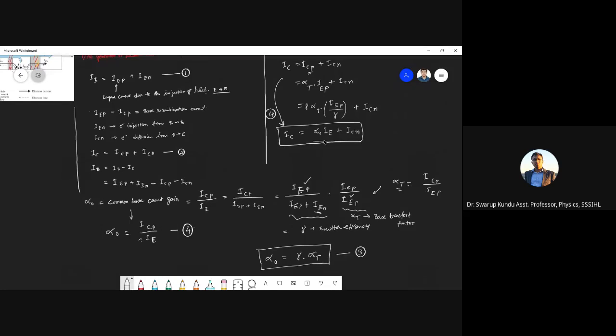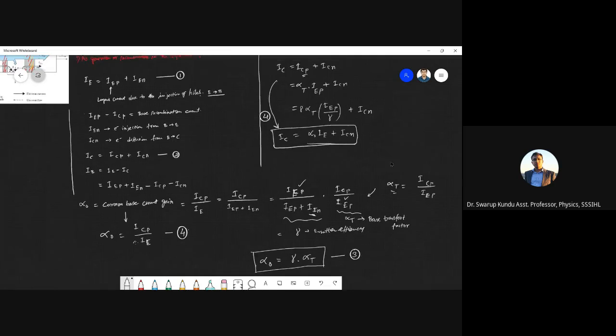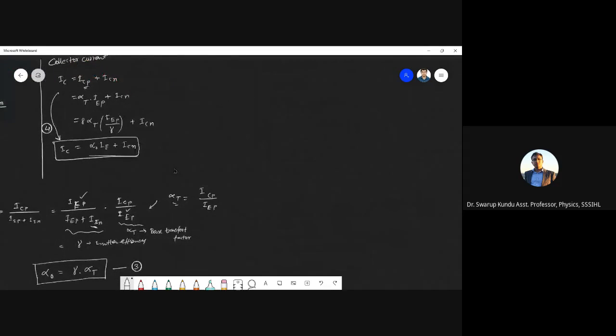So this defines the collector current, right? Now what is ICN? It's the collector base current flowing with the emitter open circuited. So let me define this ICN.